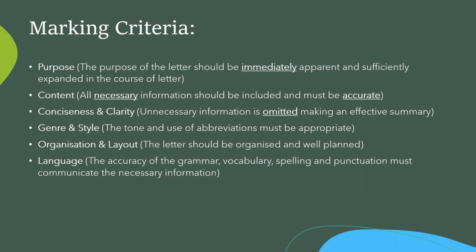Then genre and style. The tone and use of abbreviation must be appropriate. They use abbreviations just like we do in real life. So in the case note, you might find some abbreviations. It is okay that you use those abbreviations, but please don't use any abbreviations that are not mentioned in the case notes, because again the examiner might not be a doctor and they might not understand.